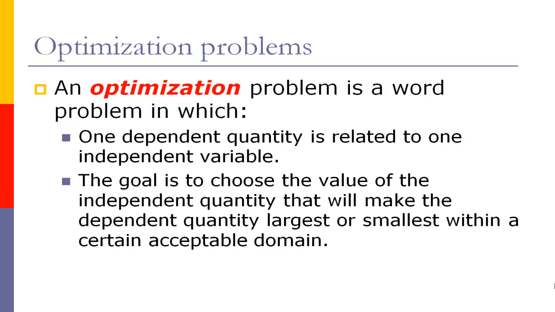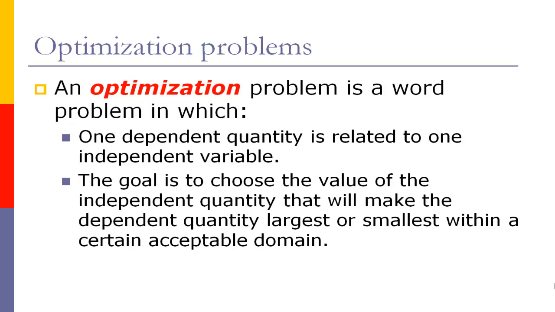acceptable domain. Now, this last sentence is a little bit longer than my usual sentences here in these lectures, but that's because I couldn't make it any shorter. Each word or each expression in there is important and needs to be taken into account. So you may want to reread it and make sure you understand each piece of that sentence. So that is the goal of the optimization problem.